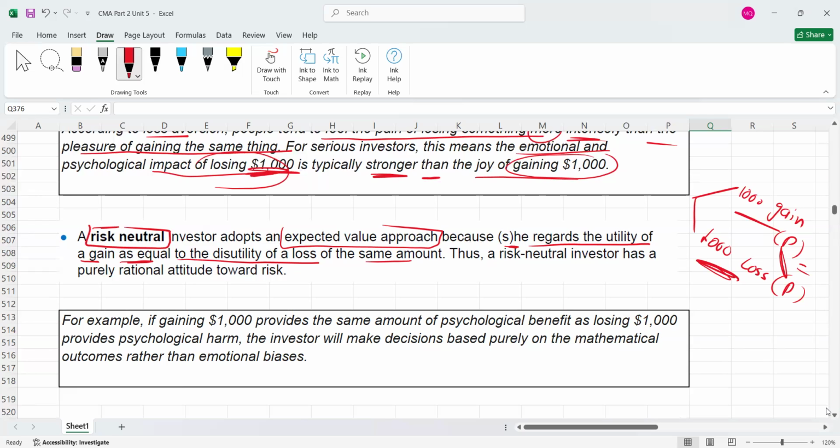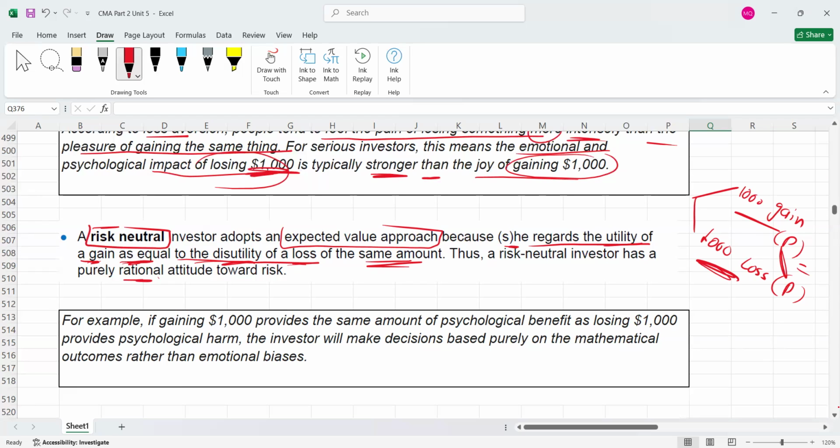So here, utility of a gain is equal to disutility of the loss of the same amount. Understood. So they have a rational attitude towards risk. As I told you, they don't believe in emotional and psychological impact, they always believe in the calculations.